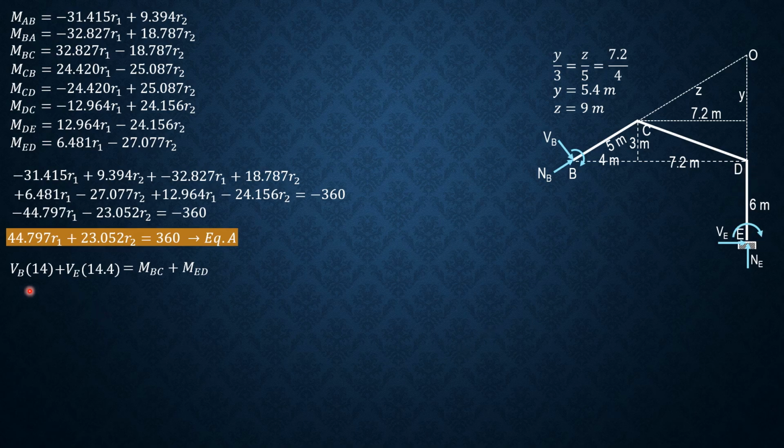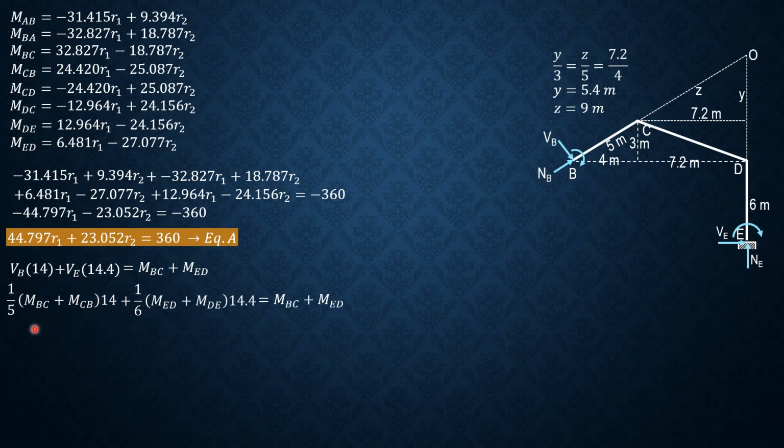So this is 1/5 of moment BC plus moment CB, times 14, while this is 1/6 of the quantity moment ED plus moment DE times 14.4, equals MBC plus MED.